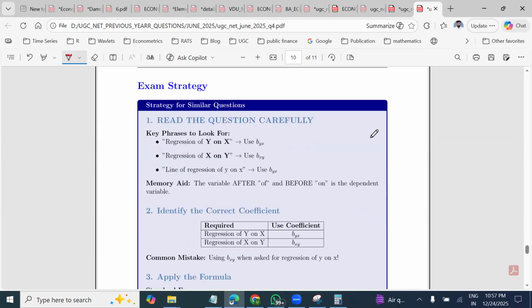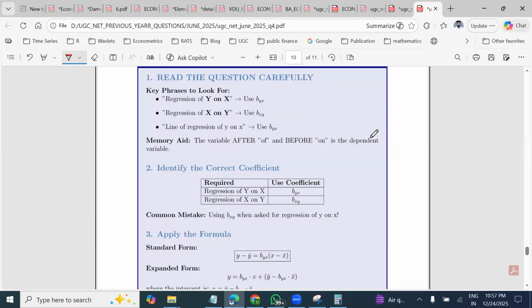Now, what is the exam strategy? The exam strategy is, as Ajay asked, regression of y on x means you will use byx. Ajay, is it clear? Regression of x on y means you use bxy. And when we use the words line of regression of y on x, you will use byx.